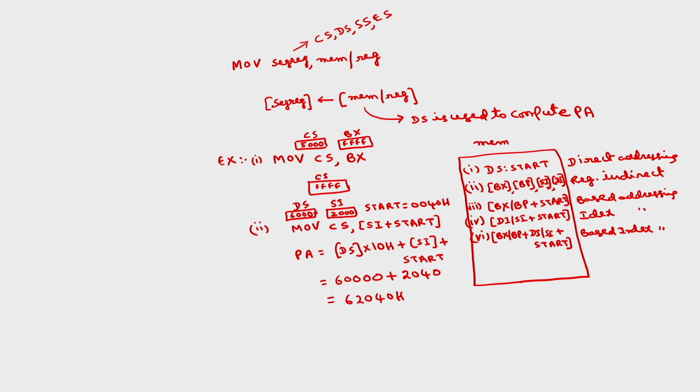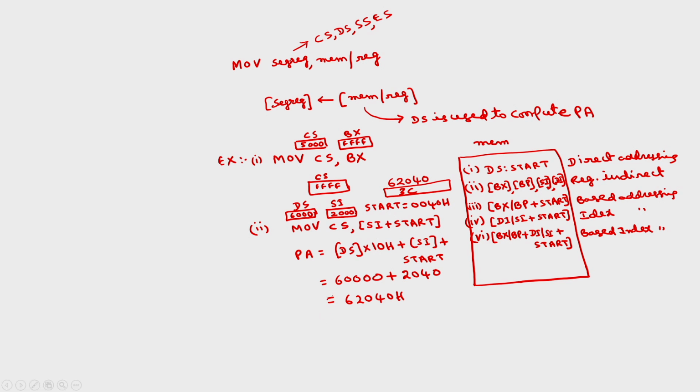So, if the contents of 62,040 before the execution of this are 3C say, because this destination is 16 bit, this will read 2 bytes. This will be loaded into the lower order, then the higher order will be from the next address.